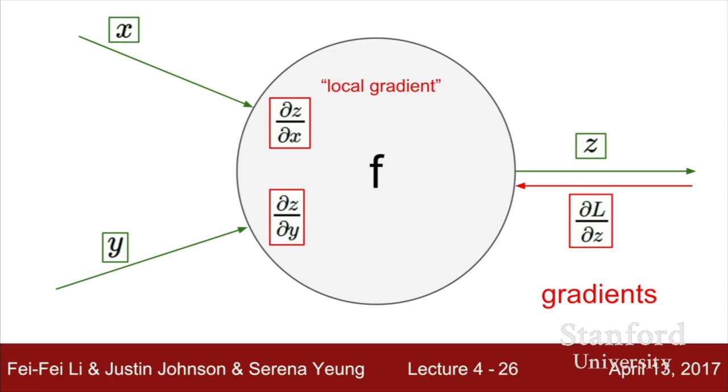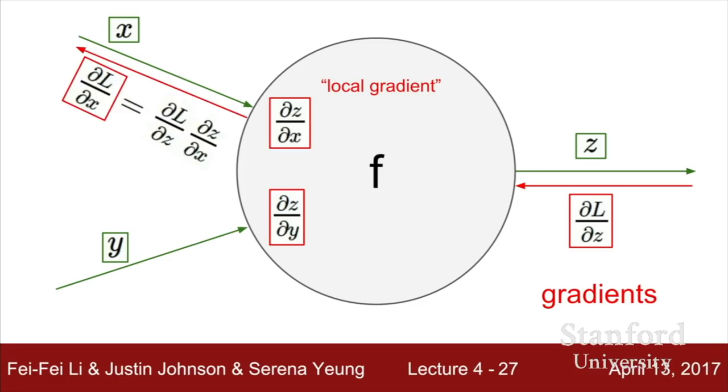When we reach each node, we have the upstream gradients coming back with respect to the immediate output of the node. So by the time we reach this node in backprop, we've already computed the gradient of our final loss L with respect to z. And now what we want to find next are the gradients with respect to the values just before the node, x and y.